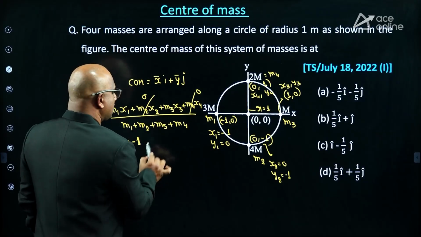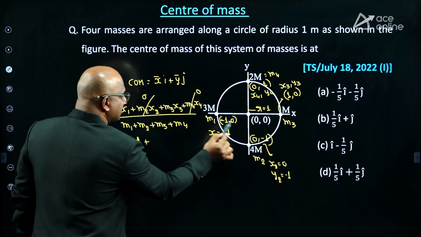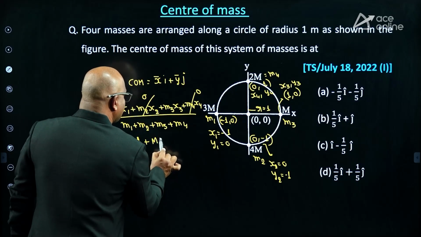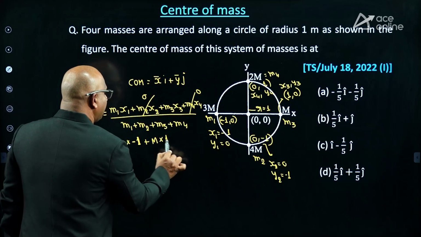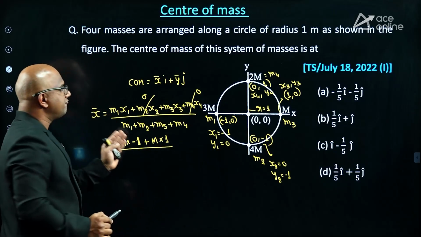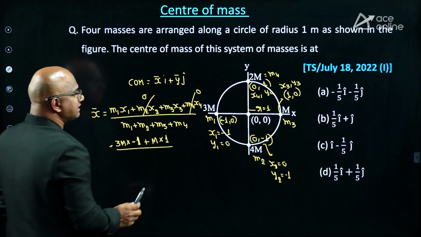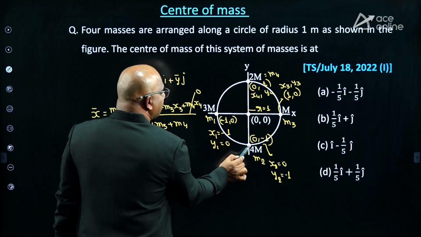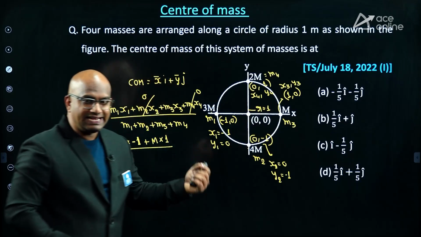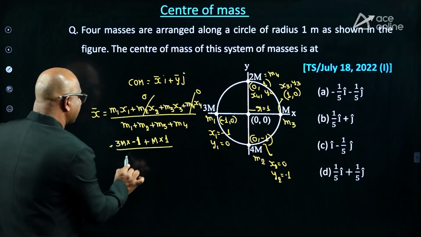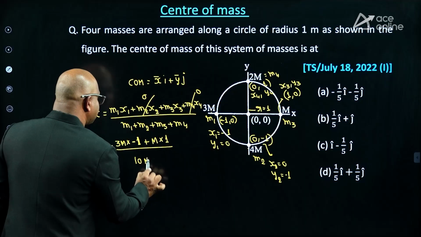Now m3 times x3, how much guys? Anyone? 1 by m1. I have to add all the masses guys. How much is the sum of masses guys? 3m plus 4m, 7m. Yes or no? 7m plus m, 8m. 8m plus 2m, how much guys? 10m itself.